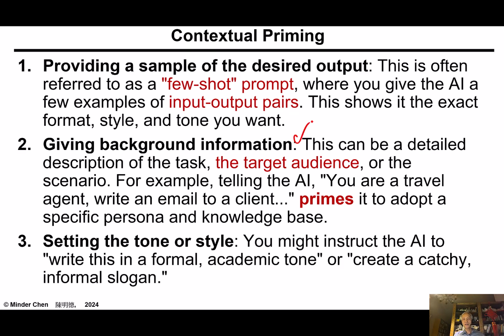Describe the background, including who the target audience is, like generate something for me as a sixth grader, as a 10-year-old child. That's the target audience you can specify. You can set the tone and style, like academic style, or create an eye-catching, informal slogan.